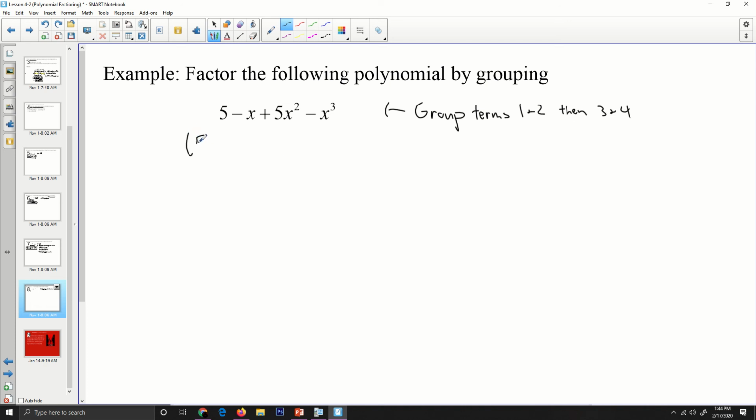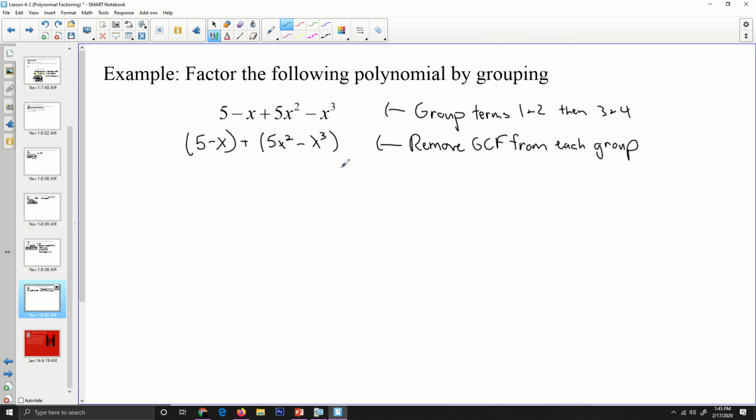So I'm going to go 5 minus x, and then plus 5x squared minus x to the third. All right, so we're going to remove greatest common factors from each group. Going to remove GCF from each group.